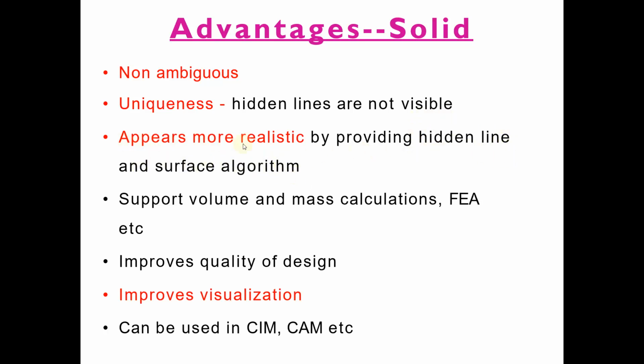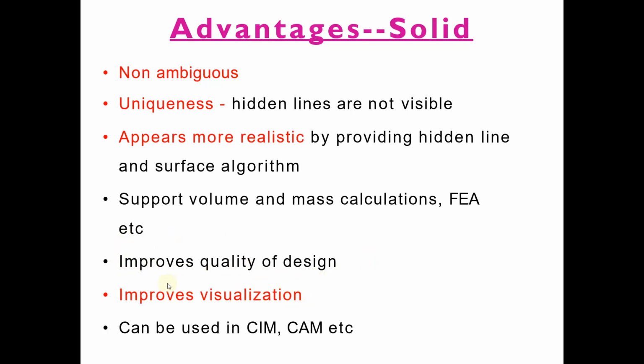So it gives a more realistic view of the three-dimensional model. It supports volume and mass calculations, finite element modeling and analysis can be performed, and the quality of designs can be improved because we have a very good idea of how the product will look in three-dimensional view, since we are actually creating the model.